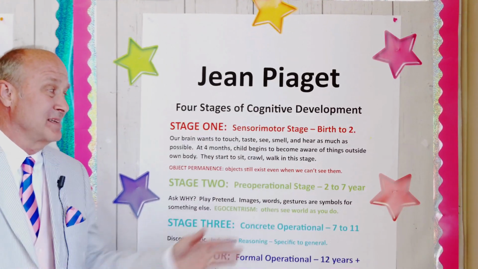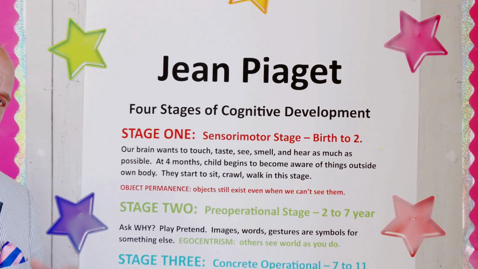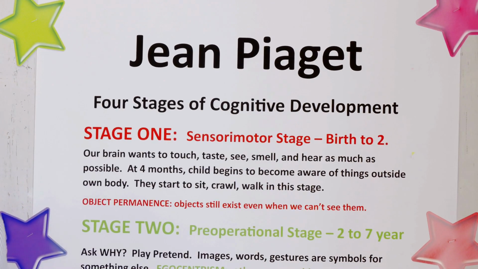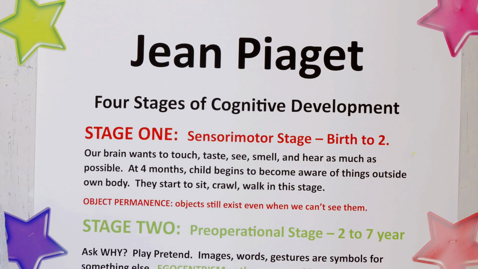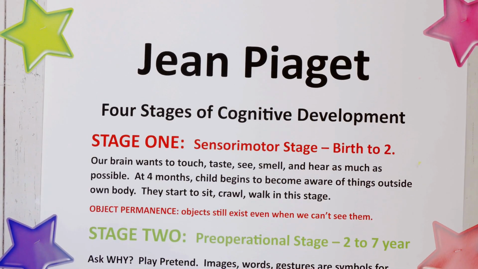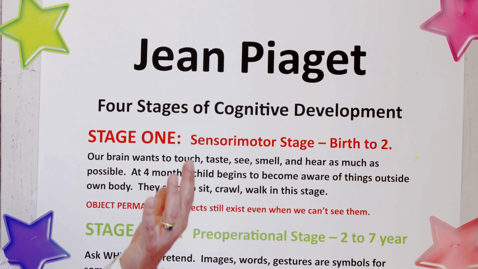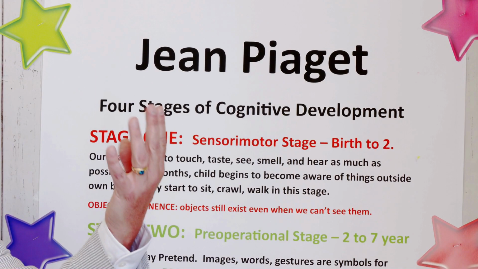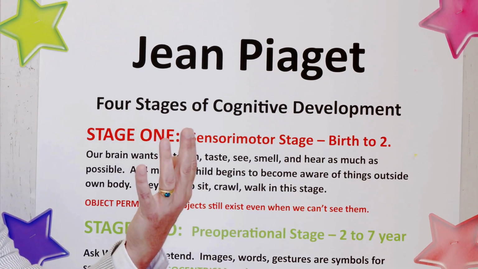Stage 1 is the sensory motor stage, from birth to age 2, and they're developing their senses, even their sense of sight when they are a very young person, and they see that they have fingers, and whoa, this is attached to my body.